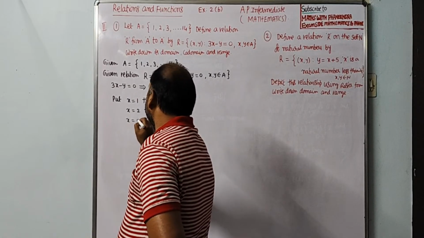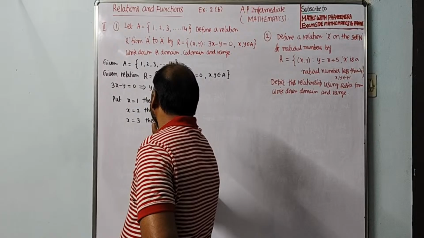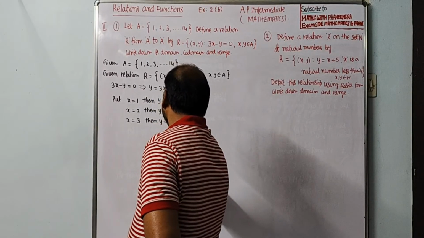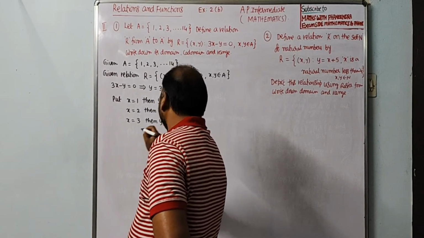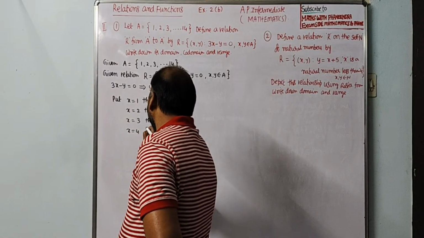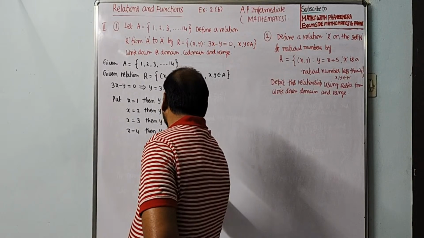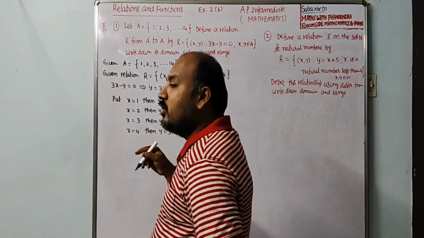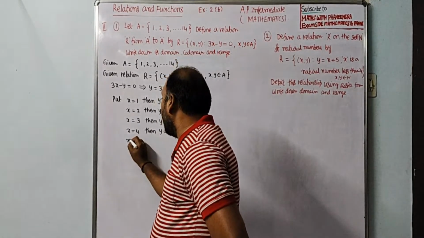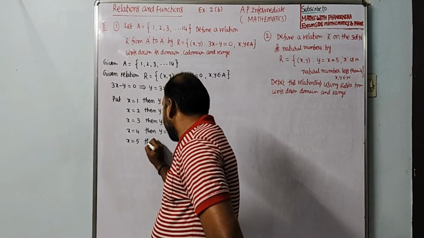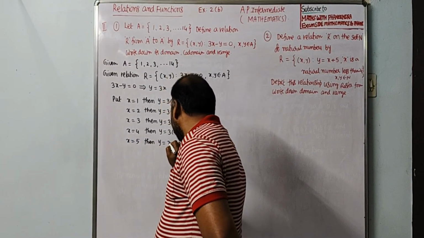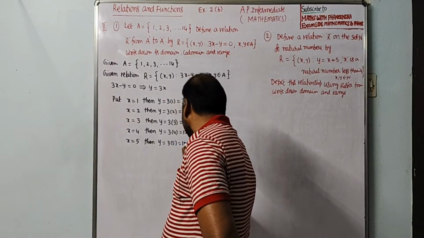Next, x is equal to 3, then y is equal to 3 into 3, which is equal to 9. X is equal to 4, then y is equal to 3 into 4, which is equal to 12.